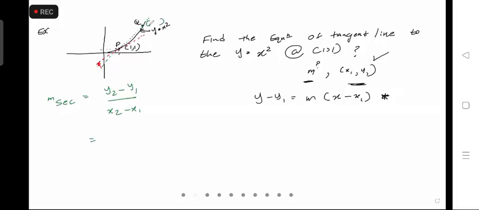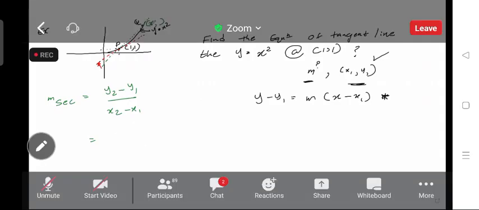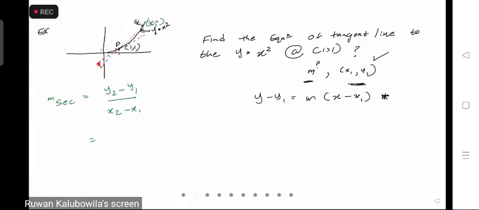Anyhow, please take a look at what I am writing here. If you define x as it is, then you can define y as x squared, because y equals x squared. So these are the two coordinates of Q. Q is a movable or variable point, so I will write the coordinates of Q like this.